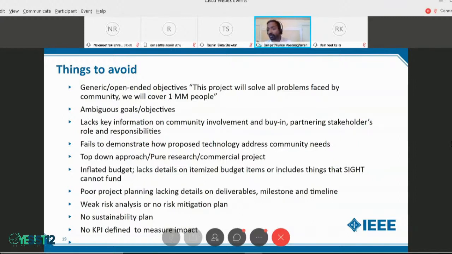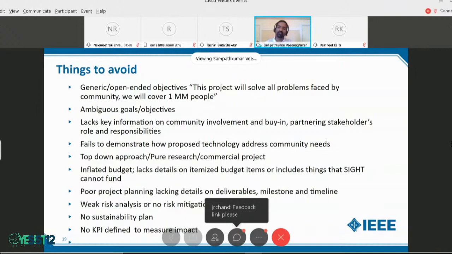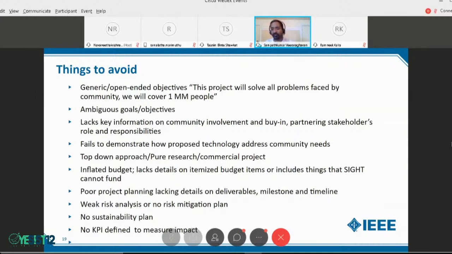When you write a proposal, the community may have 10 different needs, but you need to work with the community to understand the top 5 significant problems, and then make your proposal for each of those problems. That's a better way of writing a winning proposal rather than putting everything together and making it very ambiguous. Just have a clear-cut set of goals and make sure you demonstrate the value proposition, what you're offering as part of your program.